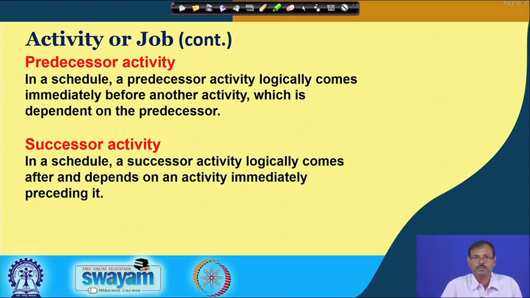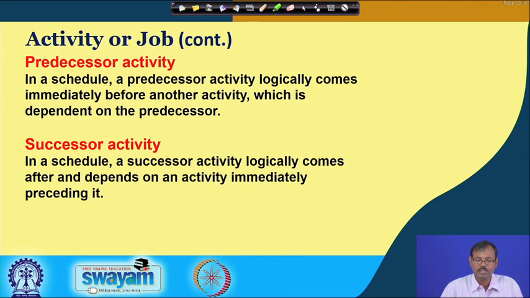Activities may have some predecessor activities, that means these predecessor activities are essentially required for carrying out these activities. In our last video, what we have seen, the pencil manufacturing: for placing the lead inside the wooden pieces, the lead manufacturing is previously required.